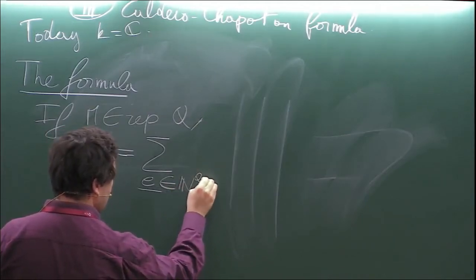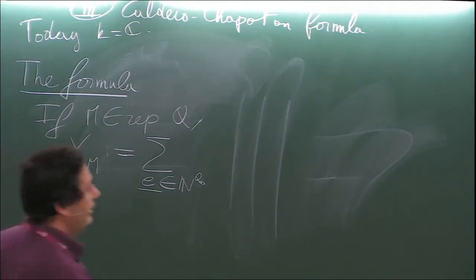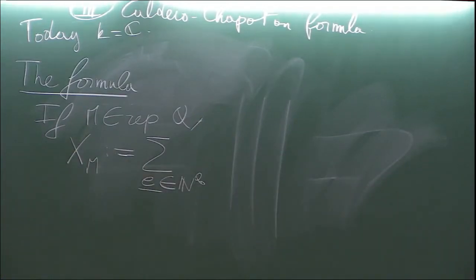So dimension vectors are parameterized like that, and to be completely sure that I'm not losing anybody, I'm using this convention. So please remember, 0 is a natural number, for today at least.